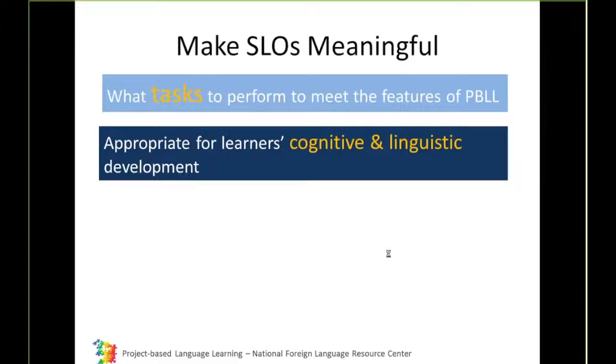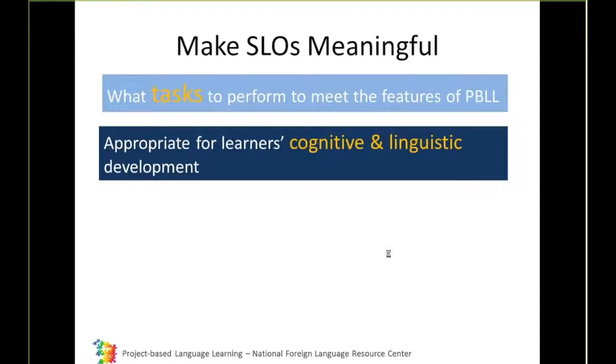So think about these tasks, think about the facets that students have to interface, and then we can think more about how to make our SLOs meaningful, so that students can take something beyond the project to apply in real life.